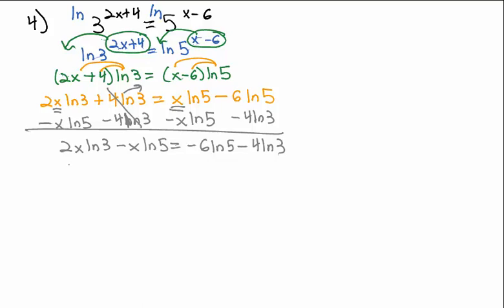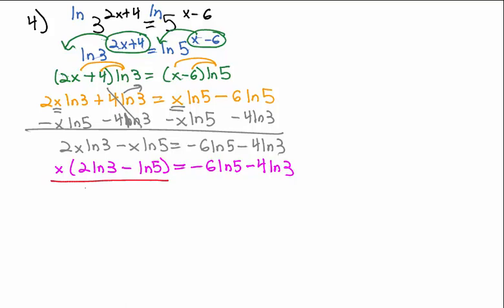Since we have the x's all alone on one side, we can now factor it out, leaving behind 2 natural log of 3 minus the natural log of 5, still equal to negative 6 natural log of 5 minus 4 natural log of 3. Finally, to get the x alone, we divide by what it's multiplied by. Divide by 2 natural log of 3 minus the natural log of 5 on both sides.